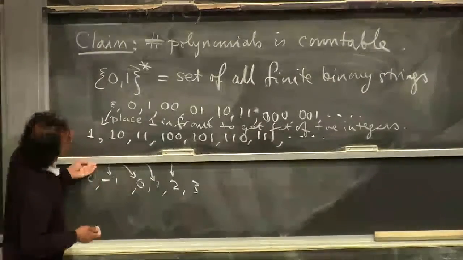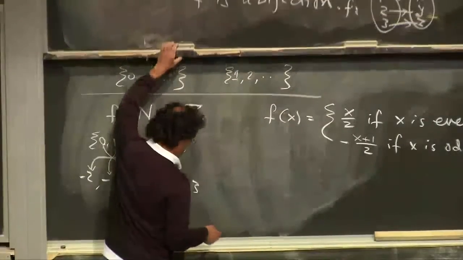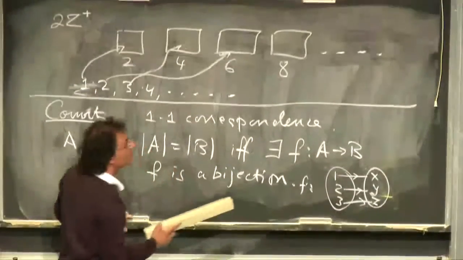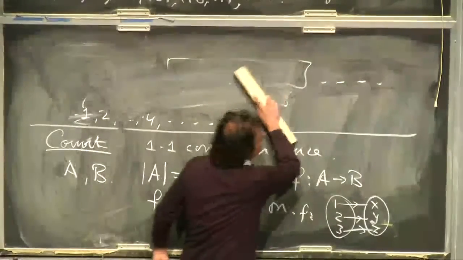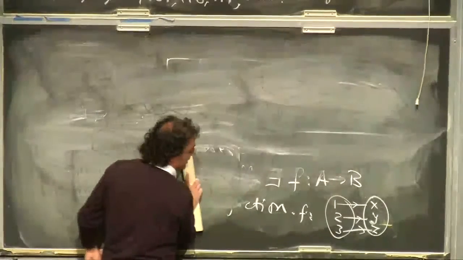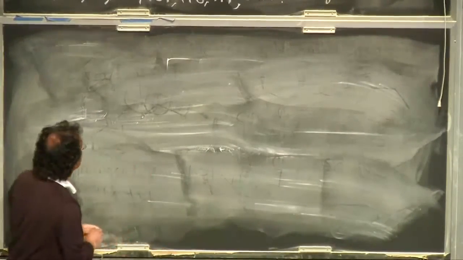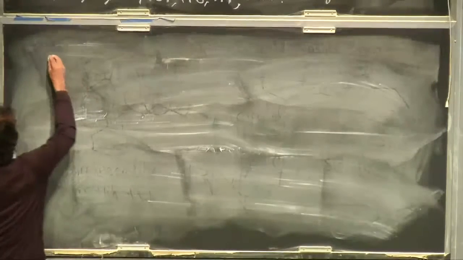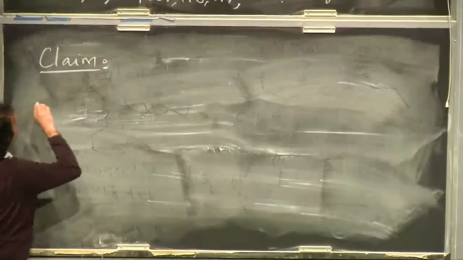But now, once you see that the set of all binary strings is countable, you can apply almost exactly the same argument. I'll make another claim, and the proof of this is an exercise.